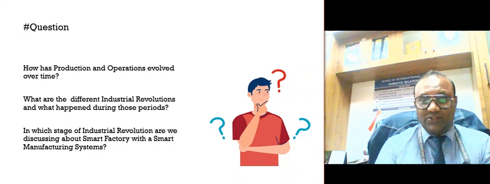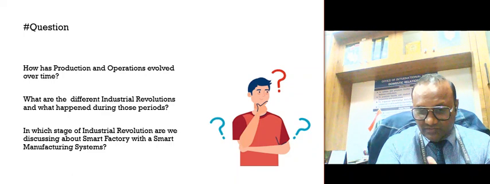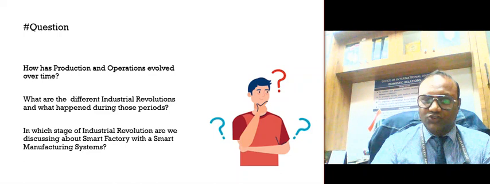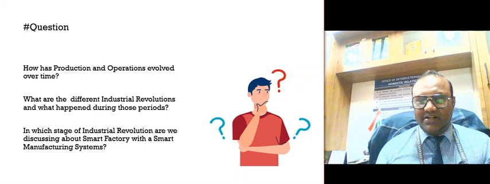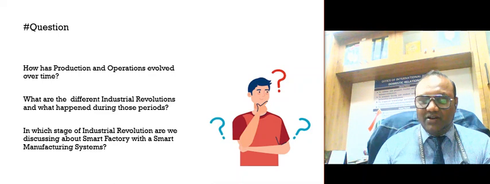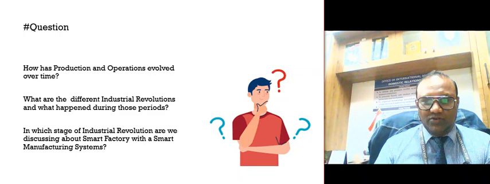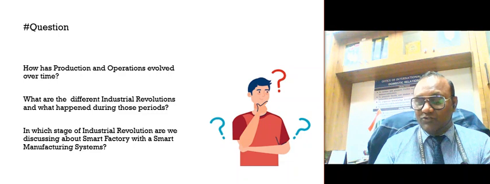Now, if we need to understand those evolutionary phases, we need to understand the different industrial revolutions that we have gone through, and how this factory, which at some point of time started off like a remote shed or something very rudimentary, has gone on to take shape over the years, and how different advancements and technological revolutions have helped these production and operation systems to evolve and come up into what it is today. So in which stage of the industrial revolution are we talking about?